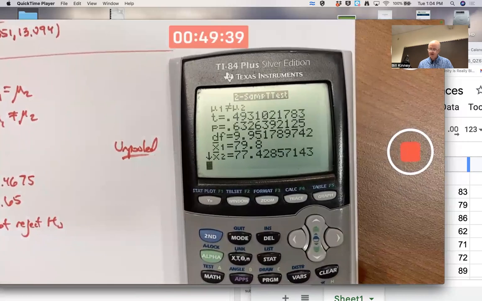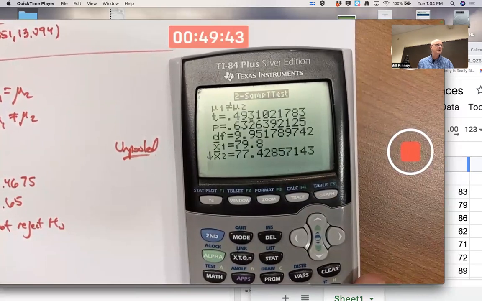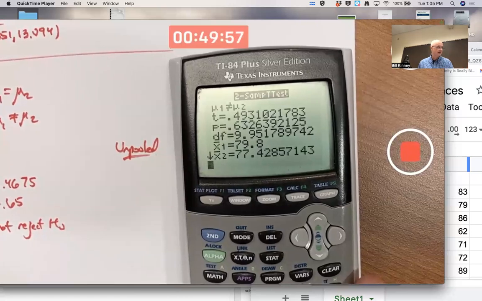That's where we get the 9.95 degrees of freedom. Very close to 10. Are they always close? Does Smith-Satterthwaite always give you something close to n1 plus n2 minus 2? No, they're not always super close. Okay, so realize that. Don't be surprised if they're relatively far away from each other.